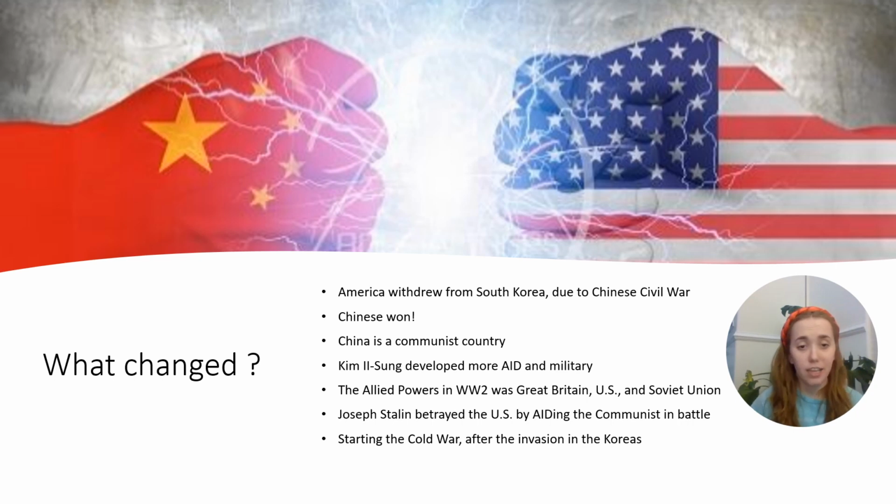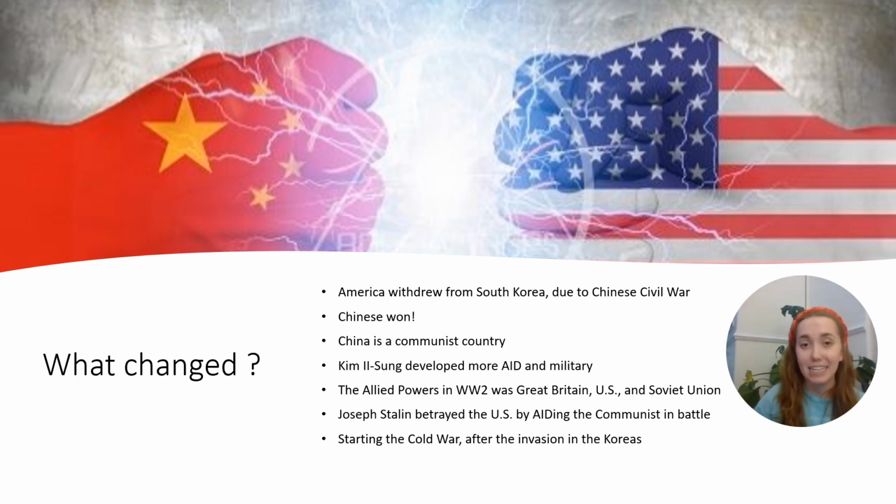What changed? The Americans withdrew from South Korea due to the Chinese Civil War. They withdrew from South Korea, so there's no aid, no troops, nothing. They just had their little South Korean military group.